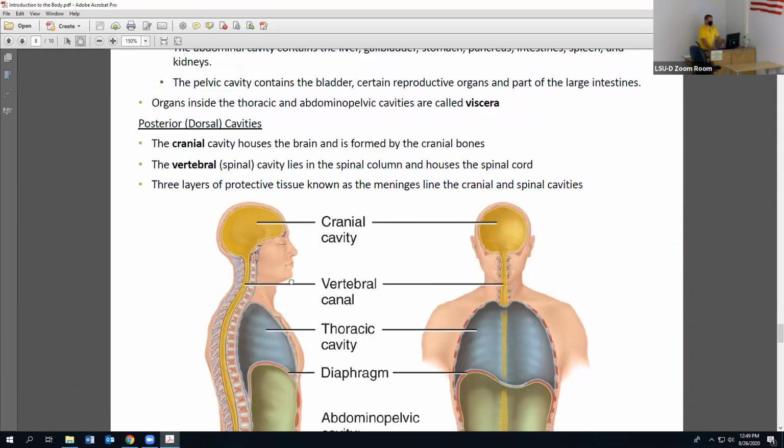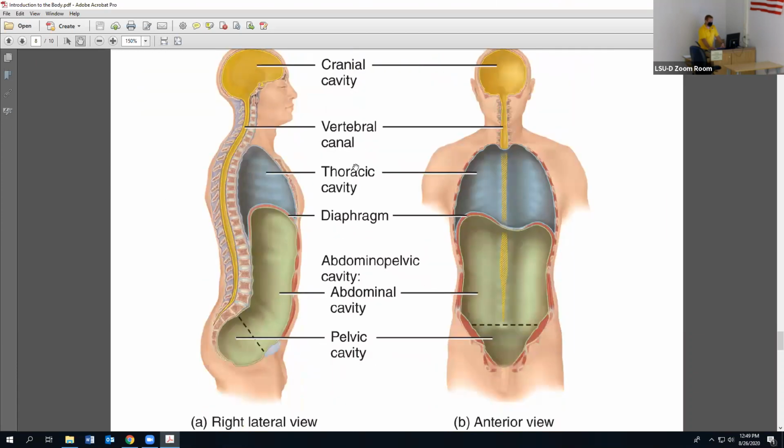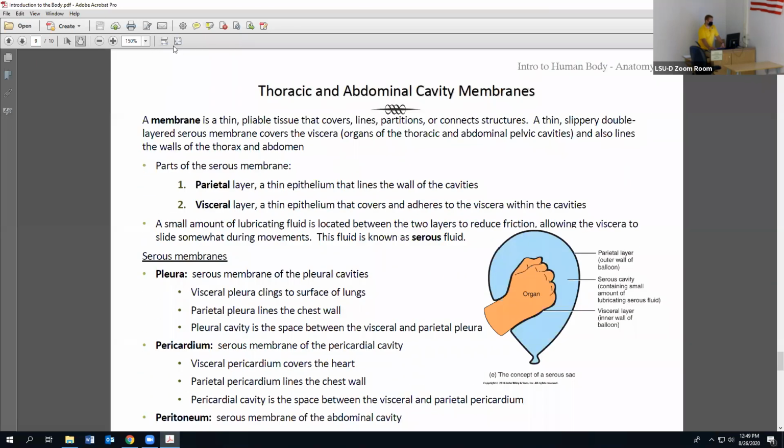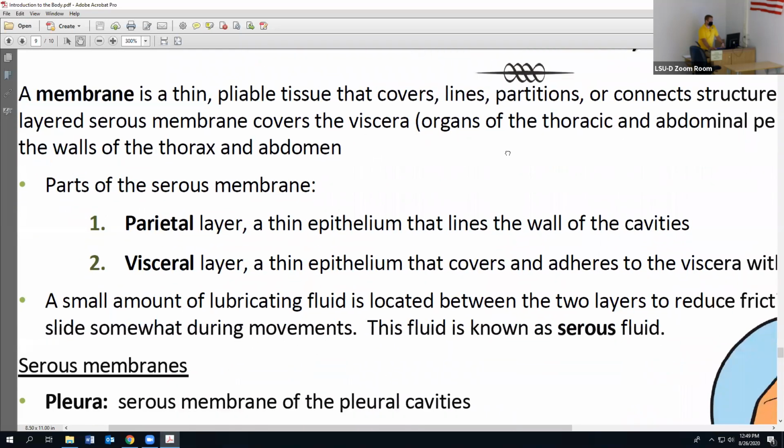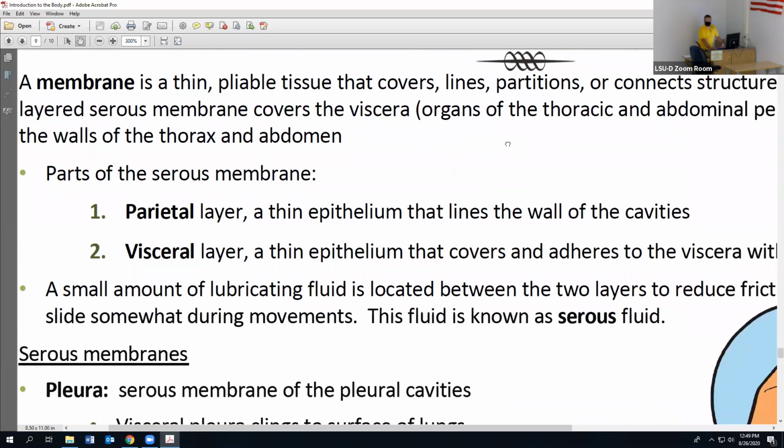So if you ever see the term viscera or visceral, which you happen to see here on this next page, that means related to an organ of those two cavities. So your stomach, lungs, intestines, spleen, kidneys, those are all viscera, just internal organs.